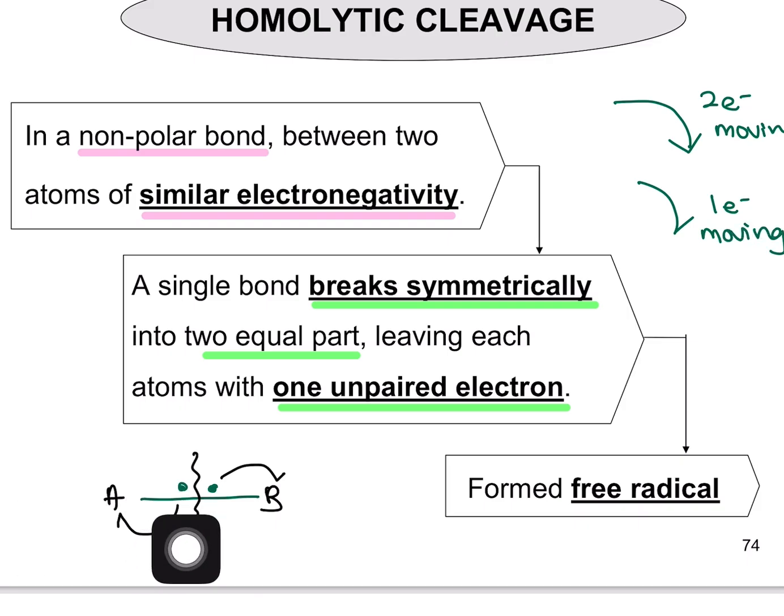Because in homolytic cleavage, when we break a single bond homolytically, one electron is traveling. Please remember, you have to draw your arrows one on top, one below. Because in semester 1, we learned that electrons have two spins, spin up and spin down, so we have to show that also during the movement of electrons. So one electron of different spin is moving towards B and a different spin electron is moving towards A.